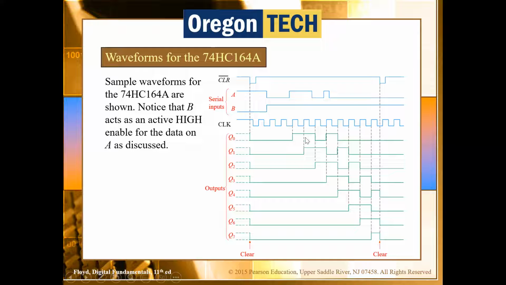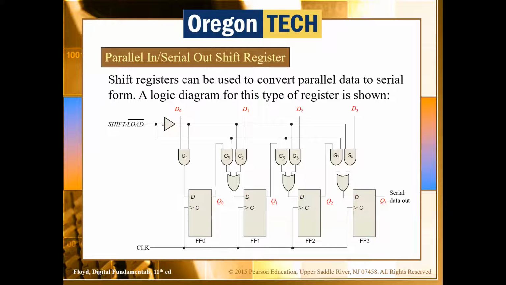This is the first Q0. Q1 is a copy of it, just shifted one clock cycle, and so on. Another type of shift register is parallel in, serial out.